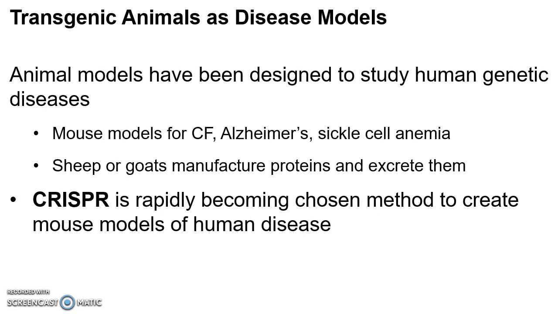Animals have been used as models to study human genetic diseases. Mice are a really common study organism. There are mouse models for Alzheimer's and sickle cell anemia, and sheep and goats are used to manufacture proteins and excrete them. There's a newer technique called CRISPR that has become the most common method to create mouse models of human disease.